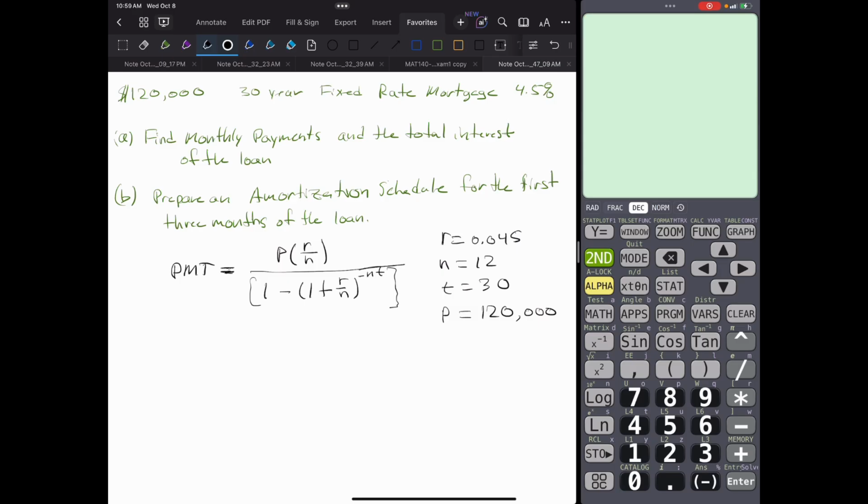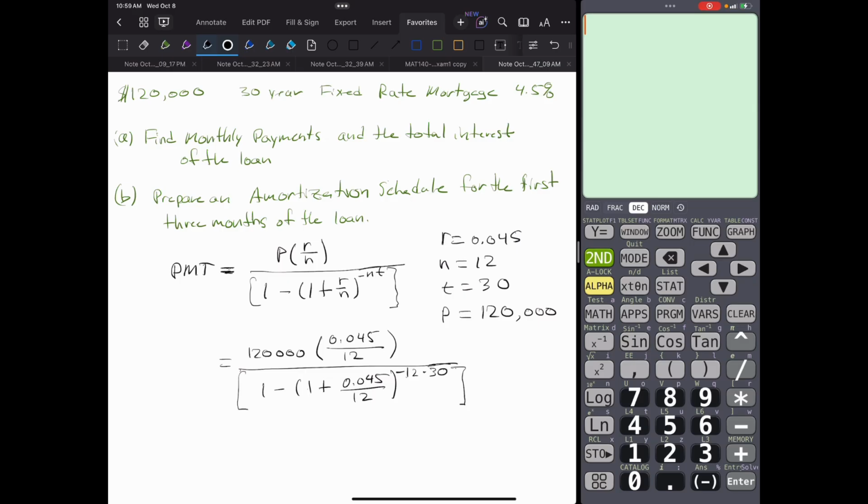Okay, well, let's put that into the formula. I have 120,000, and that'll be times r, my 0.045 divided by 12. Then that whole thing is divided by 1 minus (1 plus my rate, 0.045 divided by 12, so it's my periodic rate, my monthly rate in this case) raised to the negative 12 times 30, the number of periods.